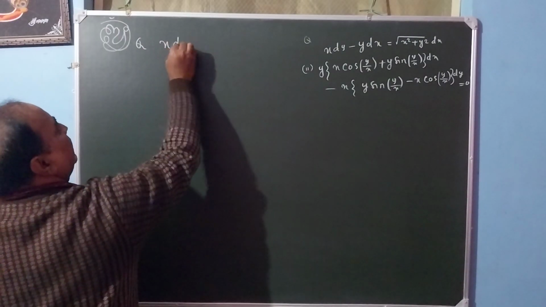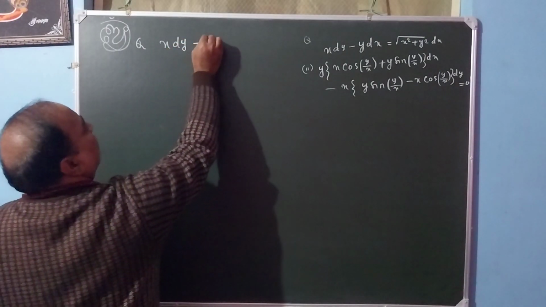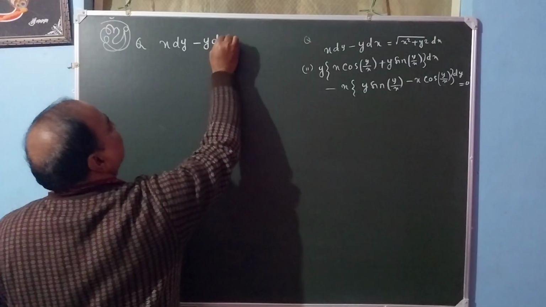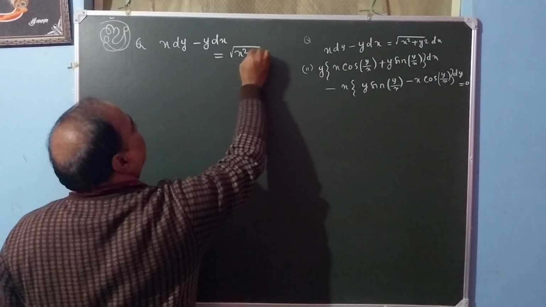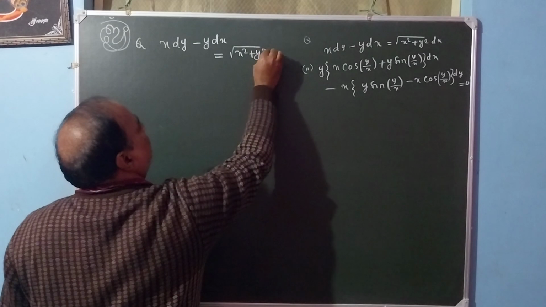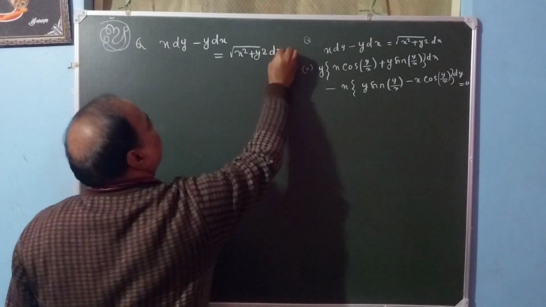x dy minus y dx is equal to root over of x square plus y square into dx.